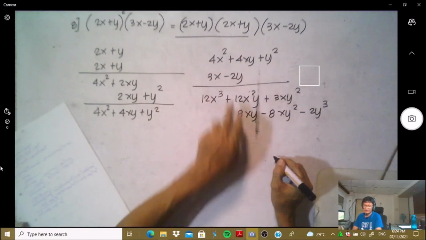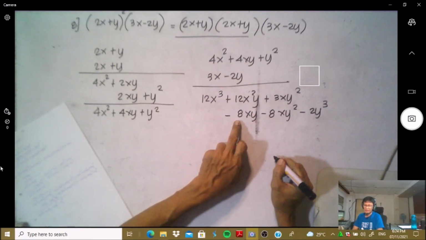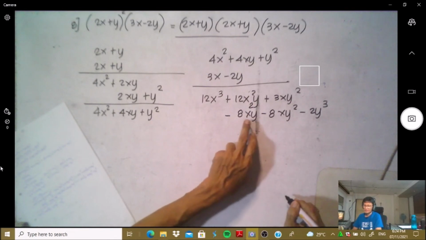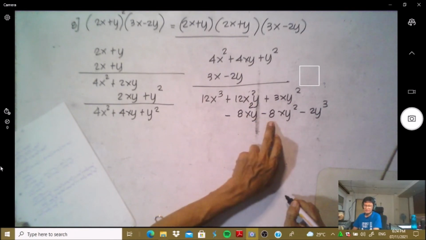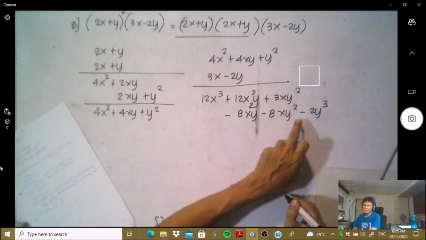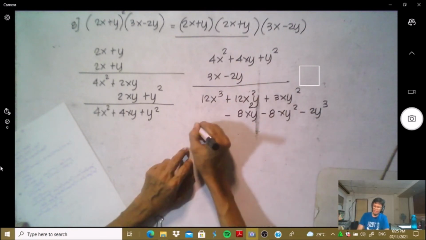Now how about here? We have 2y times 4x squared, we have 8x squared y, minus 8. Okay, 2 times 4xy will be 8xy squared, minus negative 2y times y squared is negative 2y cubed. Okay, we can now combine it.